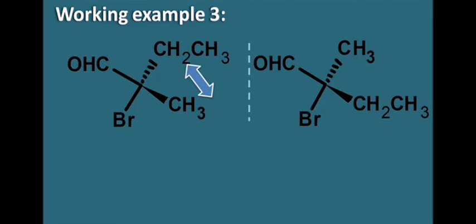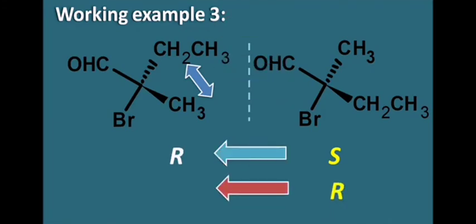In the second structure, we can easily assign the priority because the lowest priority group CH3 is on the dashed line. So if the mirror image of the given structure is S configuration, then the original structure will be R configuration. If the mirror image of the structure is R configuration, then the original structure will be S configuration.